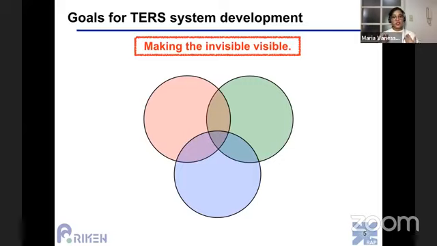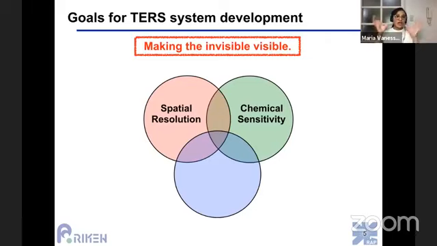In our terms, instead of a microscope, it's a nanoscope, because you want to see nano-sized materials. The three important aspects we are trying to tackle are: first, chemical sensitivity; second, spatial resolution. And once we have these two, we want to make our results repeatable and reproducible, which is why we also emphasize system stability.